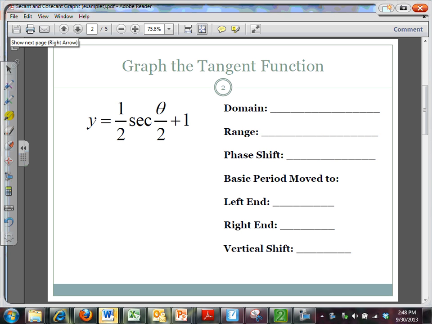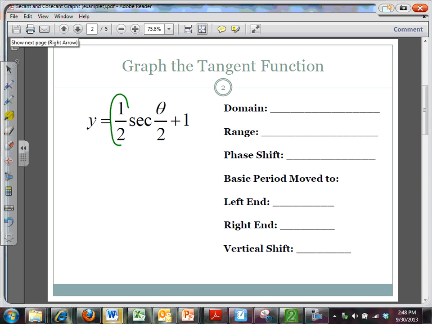So the first thing you want to find is your amplitude. You know that's your A. And then you find your period. Remember, in this case, because it's secant, it'll be equal to 2 pi divided by B. In this case, B is 1/2 times x.